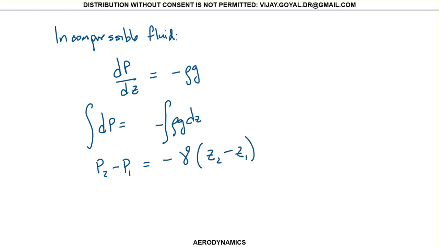And that would be the very convenient equation that we have been using actually. That's P1 is equal to P2 plus gamma times height.